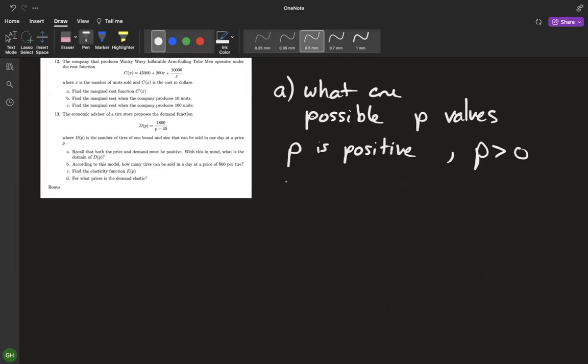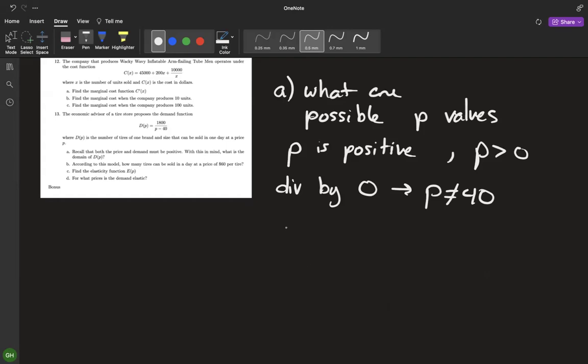Next, we can't divide by 0. Just looking at this function, I don't want to divide by 0. So that means P is not going to be 40. So 40 is not going to be involved in my domain.